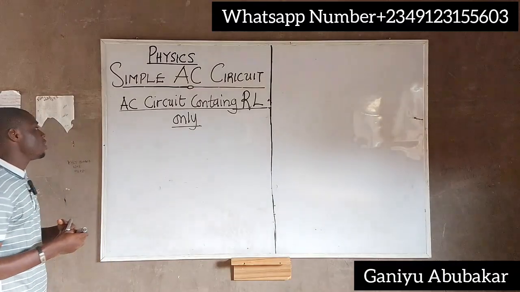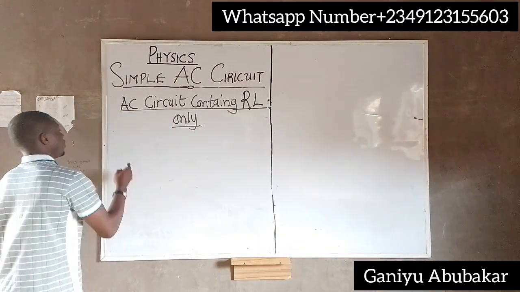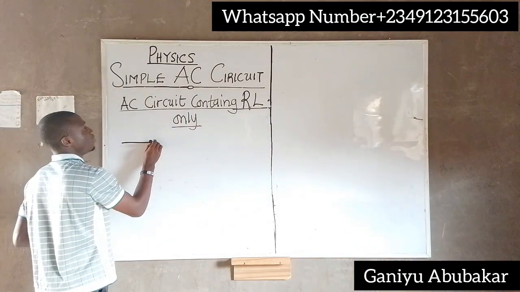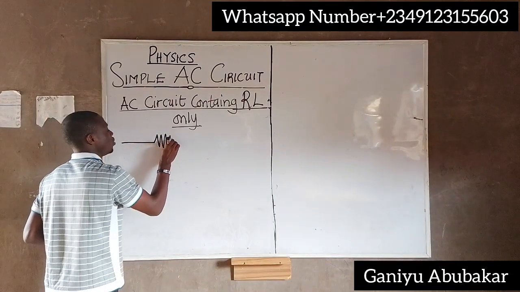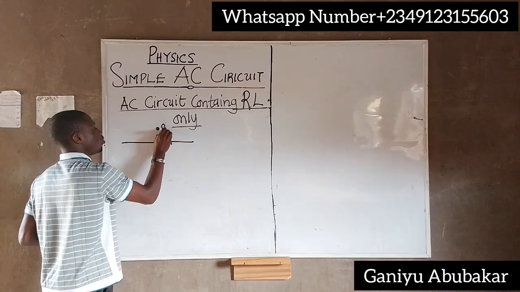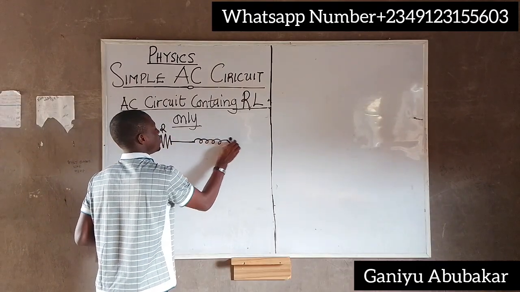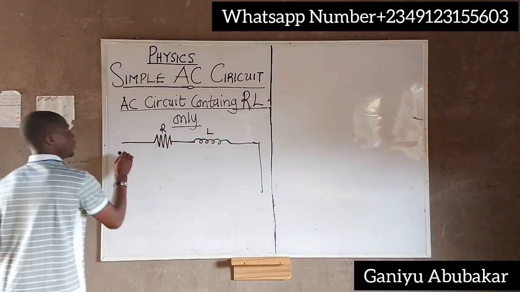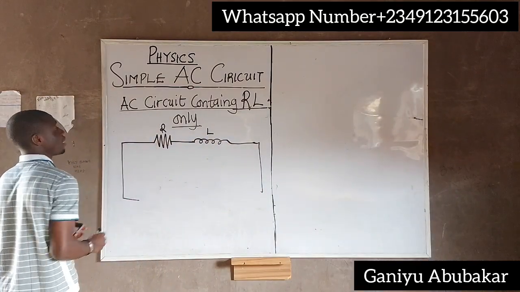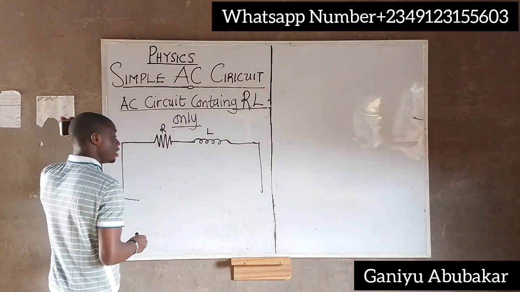So let's look at the diagram for this concept here. In this I have this as resistor. Then inductor is this, that's L. The diagram for AC circuit containing resistor and inductor only is this way.